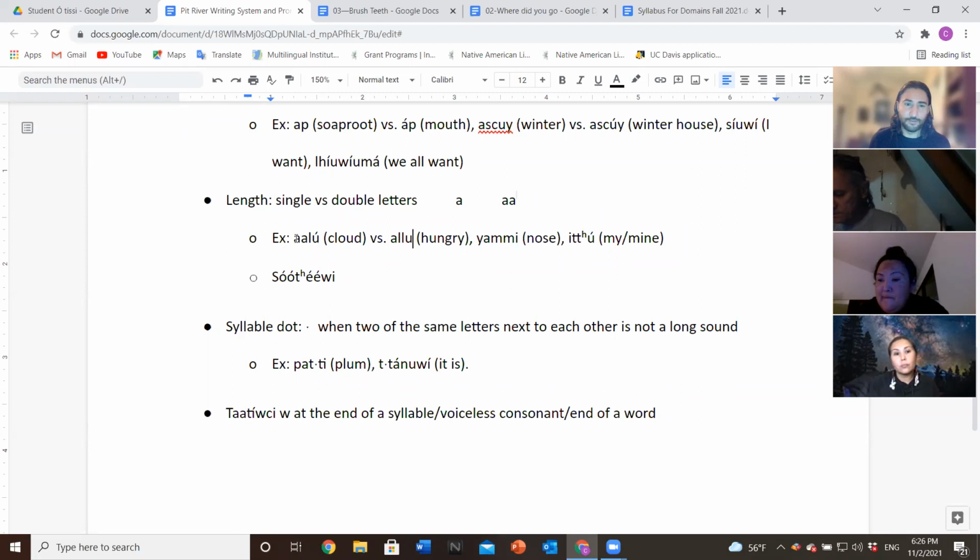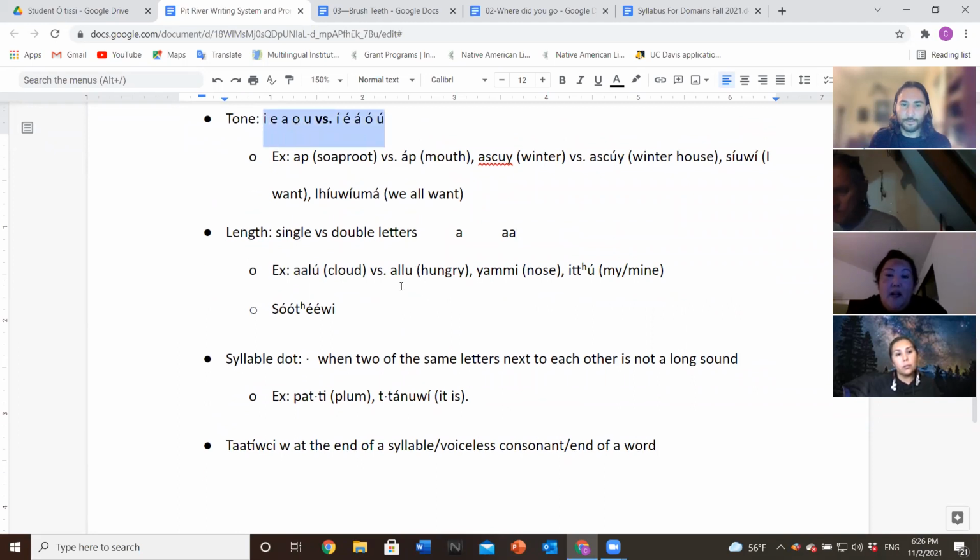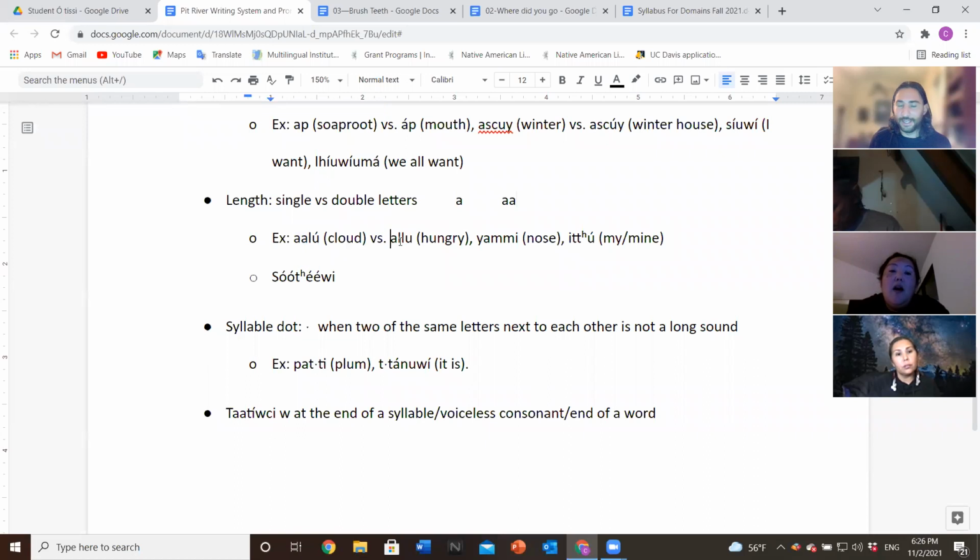So here we have alu, which means cloud. And here you see we have a long A and a short L. And then also the oo at the end is a high tone oo. So if you remember from last week, the tones. And then this next word is alu, alu.